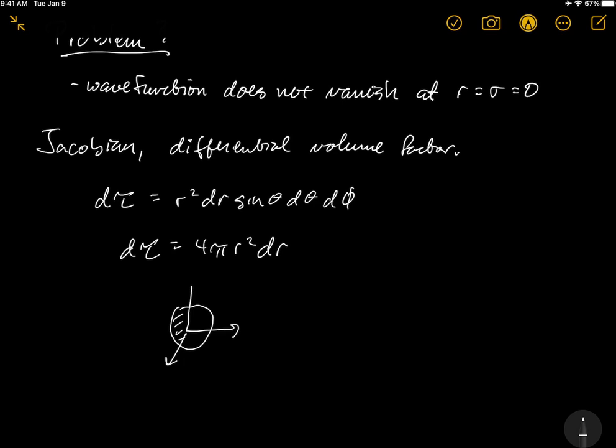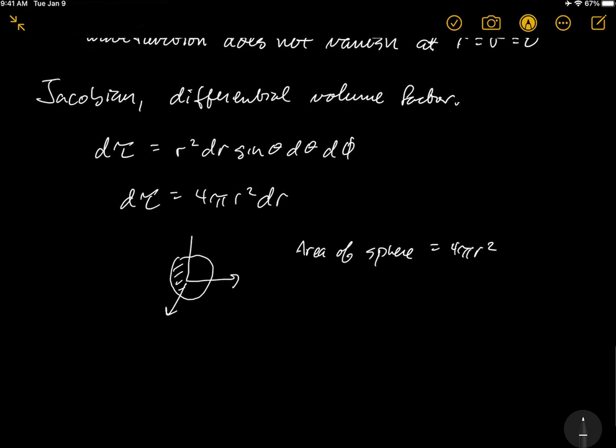The area of a sphere is 4 pi r squared, and the thickness of the shell would be dr. So the volume of an infinitesimal spherical shell is 4 pi r squared dr, and that's what we get for our d tau.